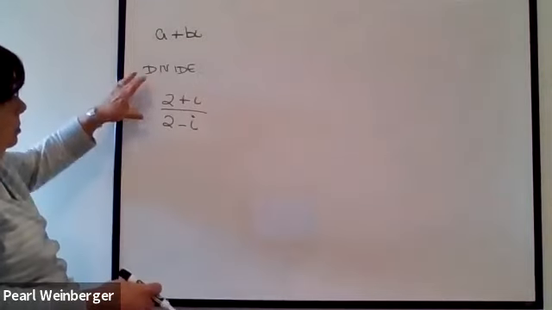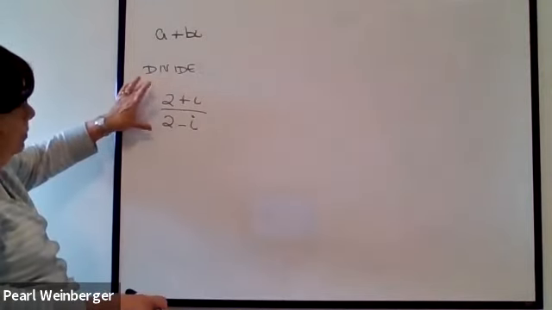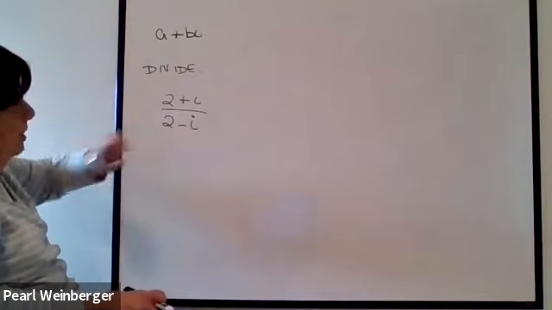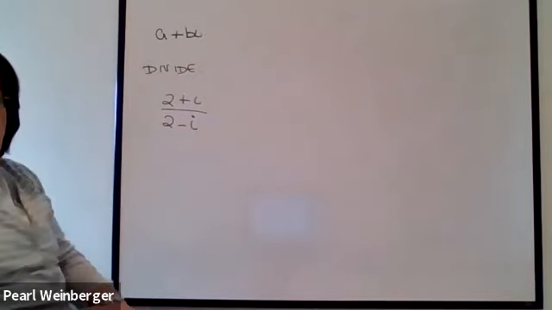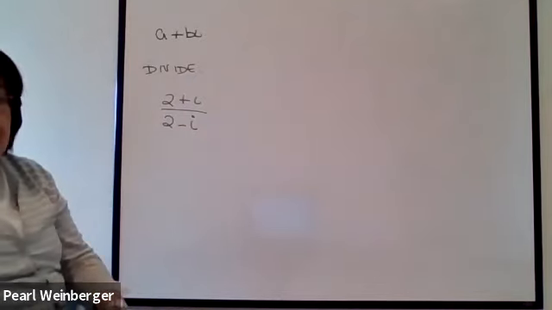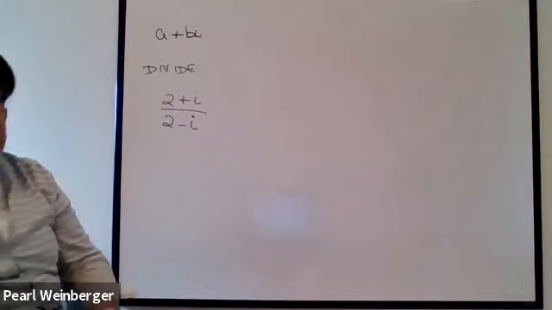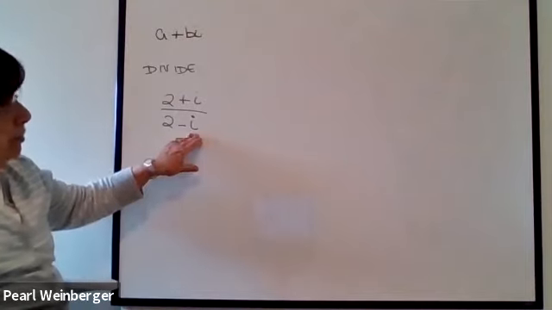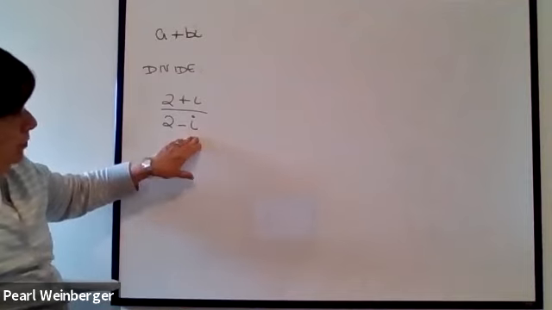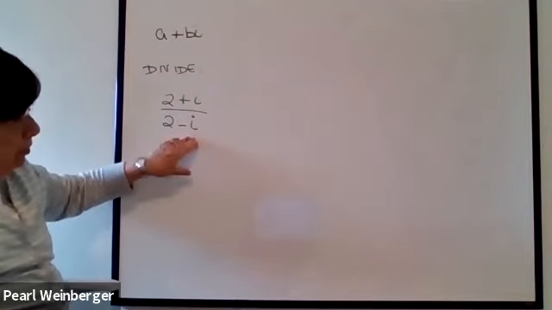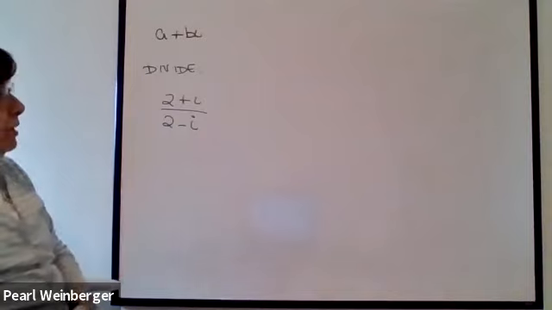So again, we want to divide, but the big thing is that we have an i in the denominator. We have an irrational denominator. We have a radical. This i is equivalent to a radical. It's the square root of negative 1. So we have a radical in the denominator.